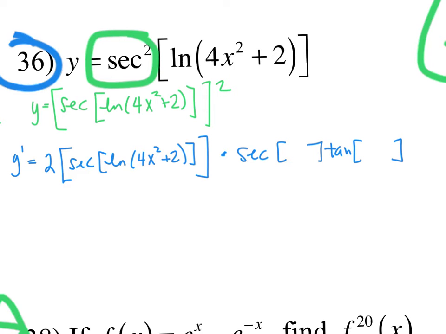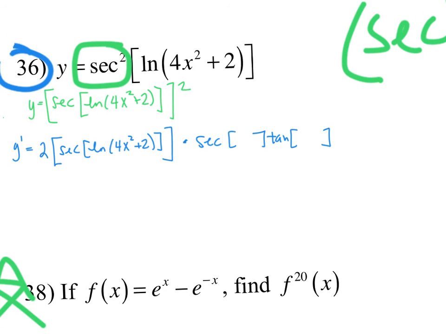So secant of the angle, tan of the angle, which I'll fill in just a second, times the derivative of the angle. The angle is ln of 4x squared plus 2. So the derivative is 1 over 4x squared plus 2 times 8x.